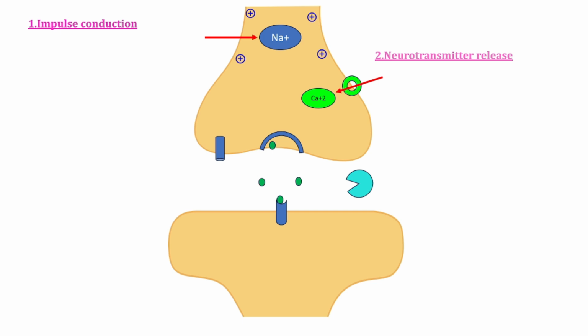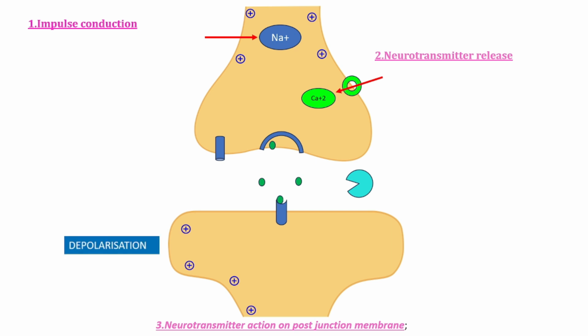So this is stage 3, that is neurotransmitter action on the post junctional membrane. If it is an excitatory neurotransmitter, then it causes depolarization, meaning development of positive charge in the post synaptic neuron.